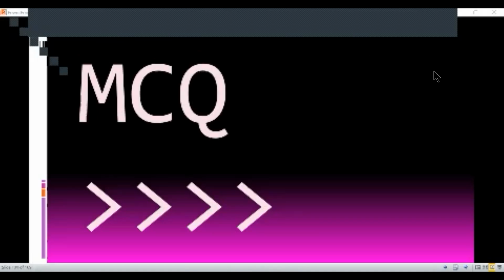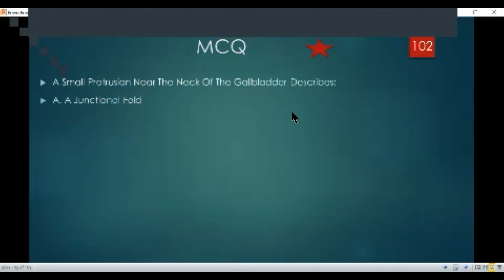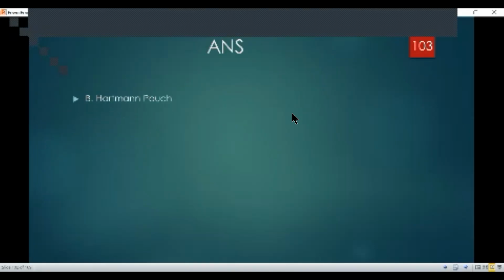Now a few MCQs. Small protrusion near the neck of the gallbladder, describe. Yes, it is a Hartmann pouch.